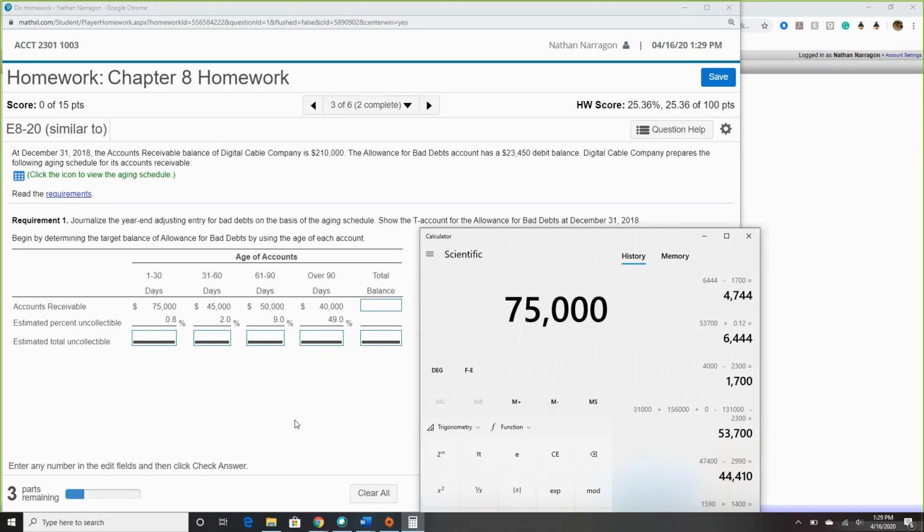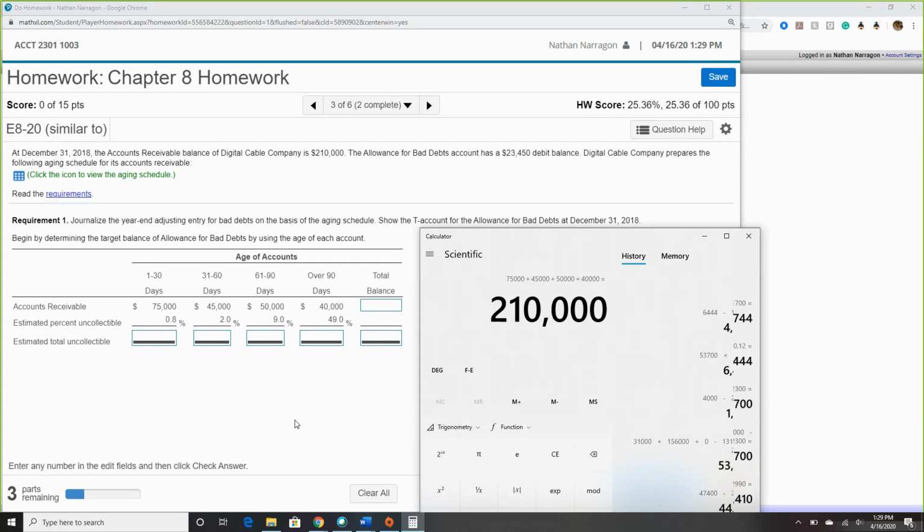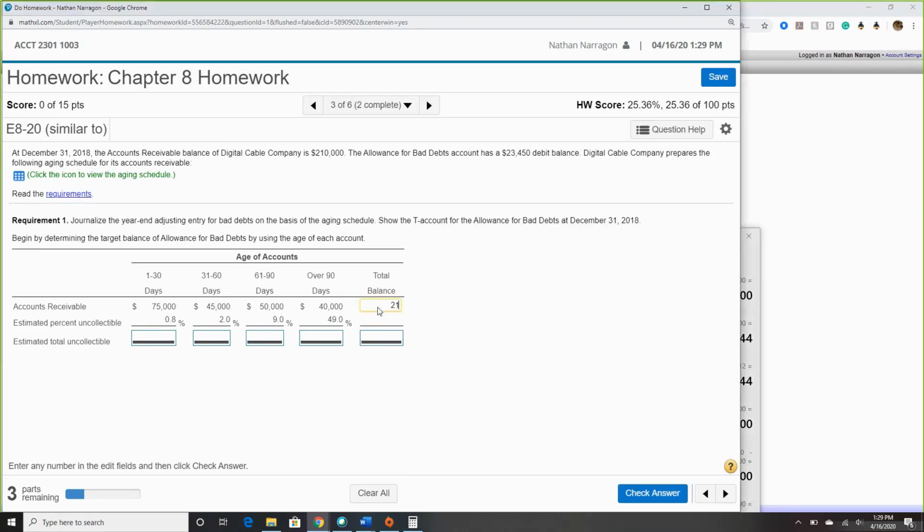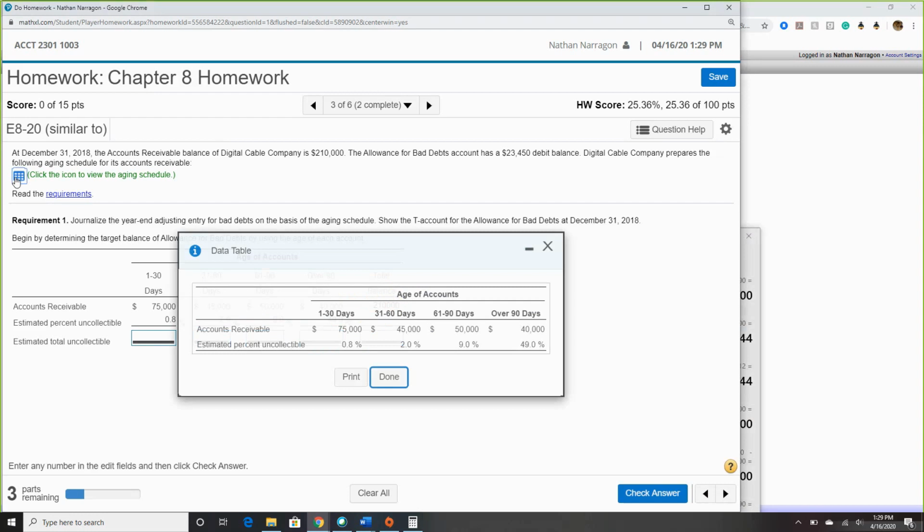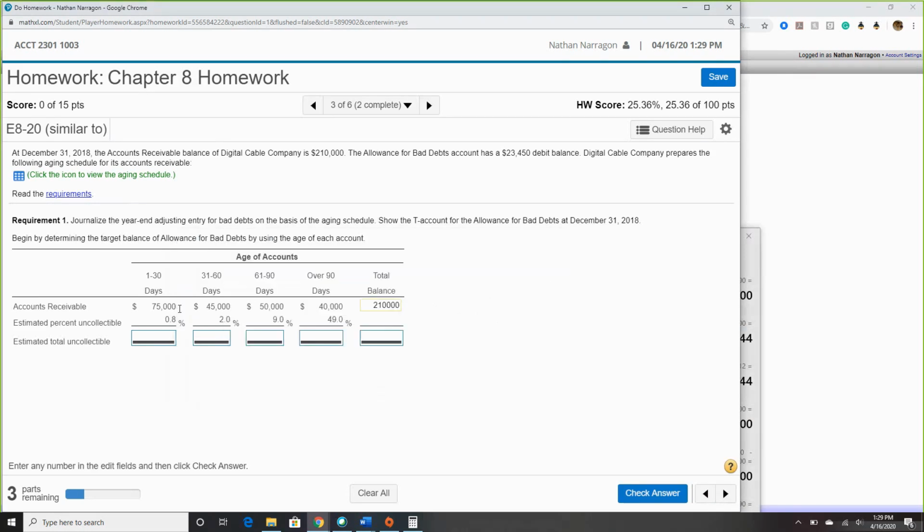75,000 plus 45 plus 50 plus 40. Okay, about 210,000. Okay, next we would times by each of the percentages. Make sure, yeah, those are percentages. It just looks weird with a percent and diagonal.